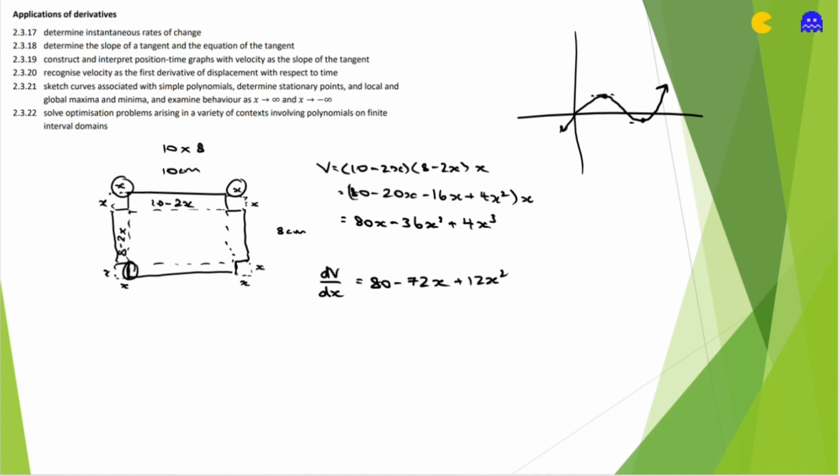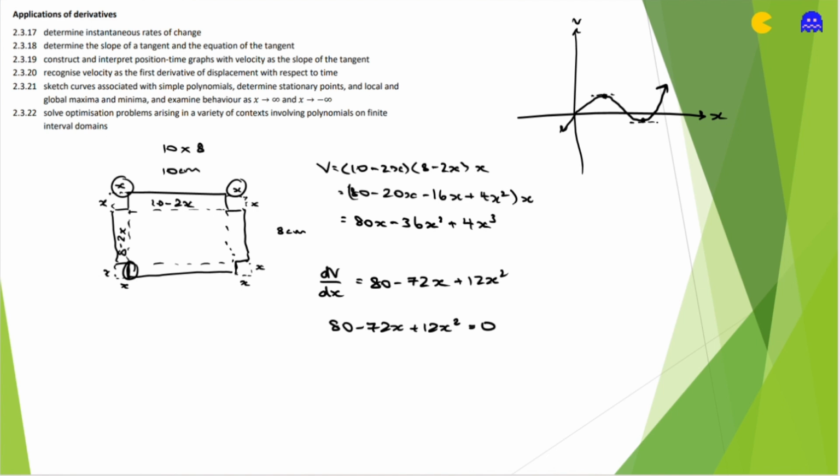Now what we want to do is determine where the volume is maximized. So this is our function v with respect to x. If we want to find the maximum or minimum, we need to equate our derivative function to 0, because at the maximum and minimum our derivative is equal to 0 since it's a stationary turning point. So 80 take 72x plus 12x squared is equal to 0.